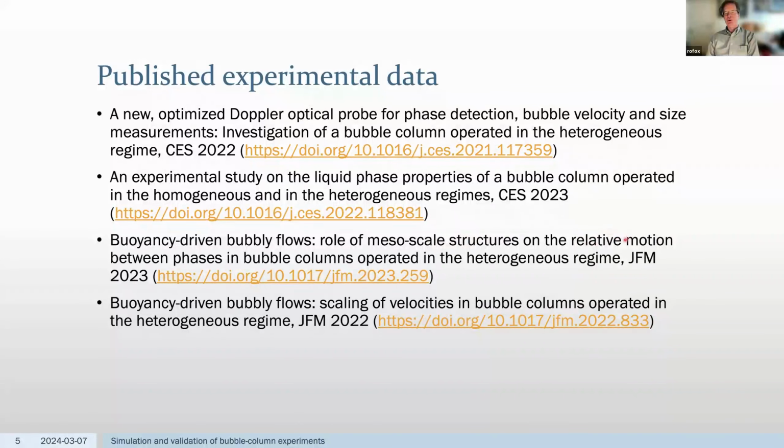And so we're going to be able to look at the measurements. We see this, of course, in the simulations, but this is the first time we have measurements that do the relative motion for conditional velocities given void fraction. And that came out in a JFM paper in 2023. So a lot of the data that we're sharing.